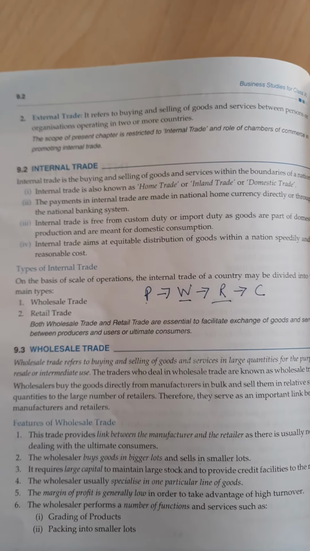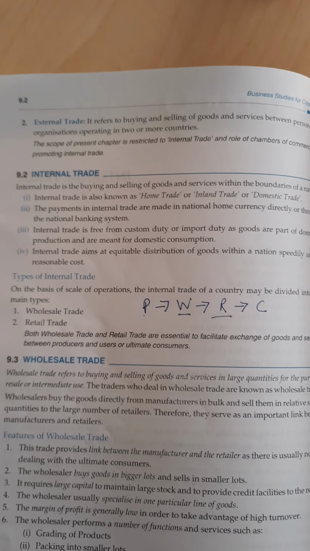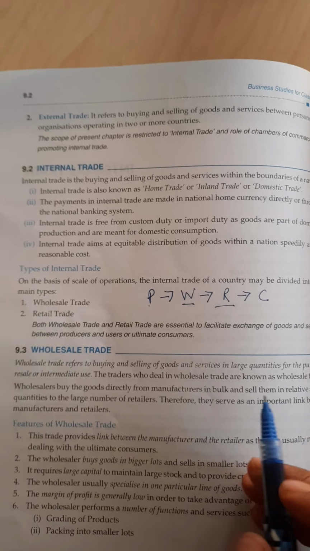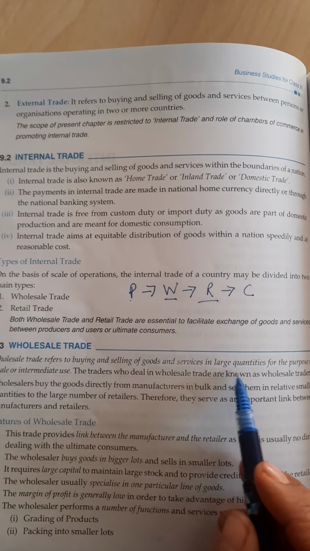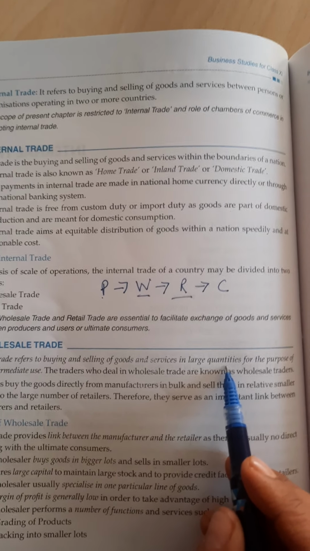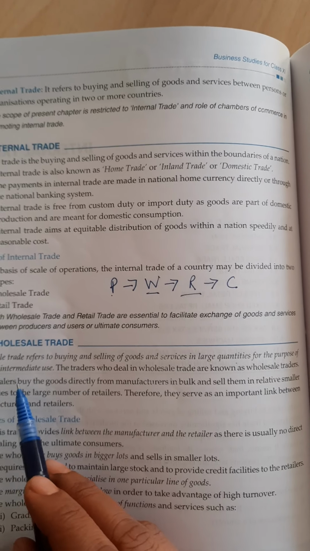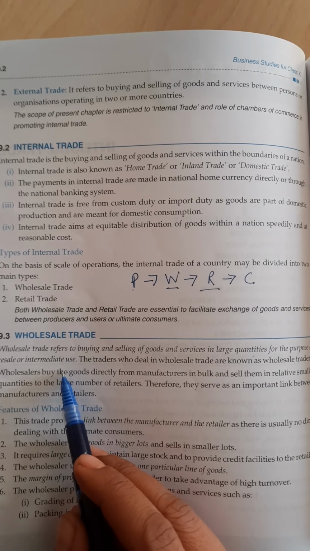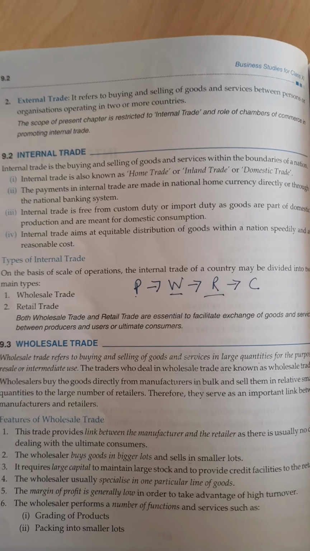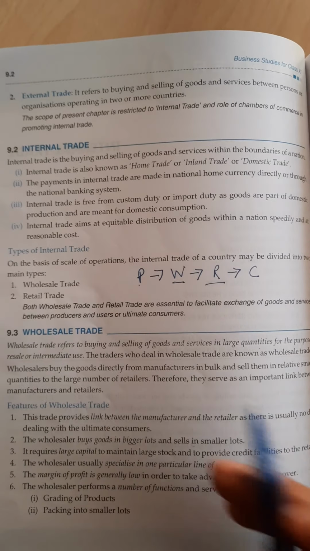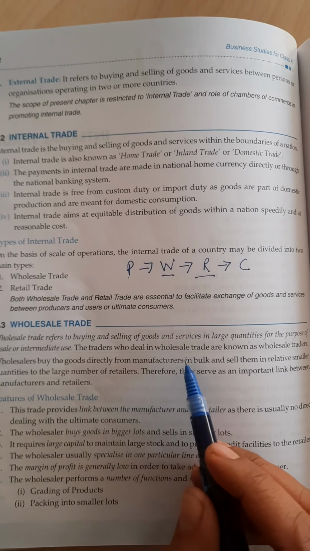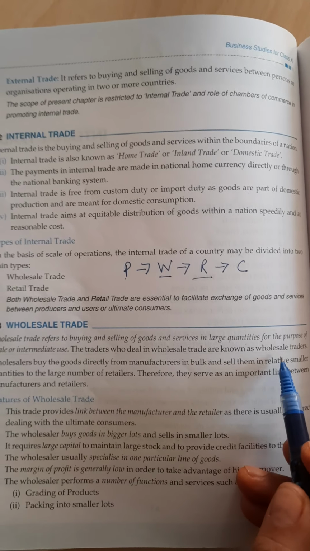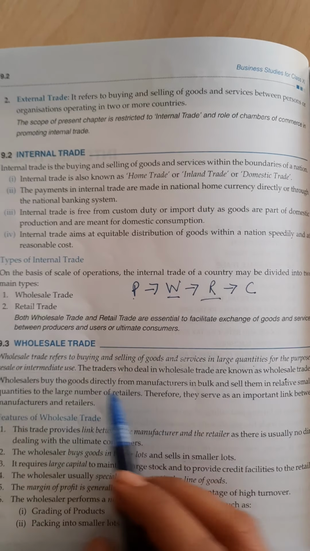These are the intermediaries. Wholesale trade refers to buying of goods and services in large quantities for the purpose of resale or intermediary use. Means maybe they are using the goods, or they are reselling the goods, and the traders who deal in wholesale trade are known as wholesale traders.